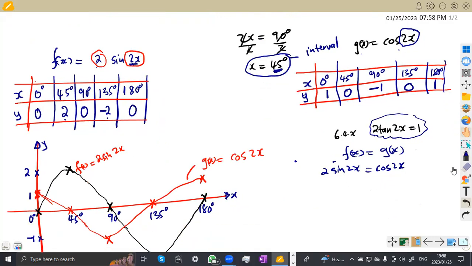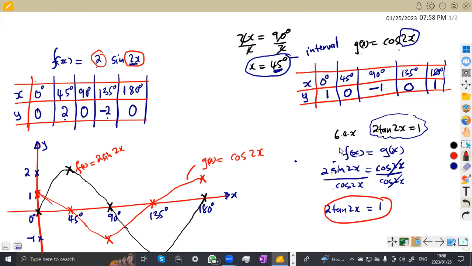We can see that if we divide by cos 2x both sides, remember, sine over cos gives us tan. So we are going to have 2 sine 2x over cos 2x, which is 2 tan 2x. Definitely, the cos 2x on the right will cancel and gives us a 1. So that's where we obtained this value.